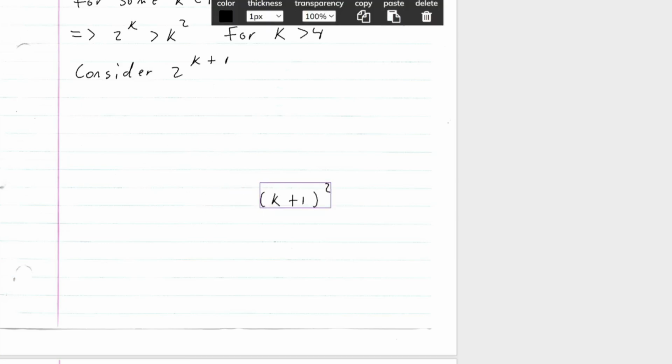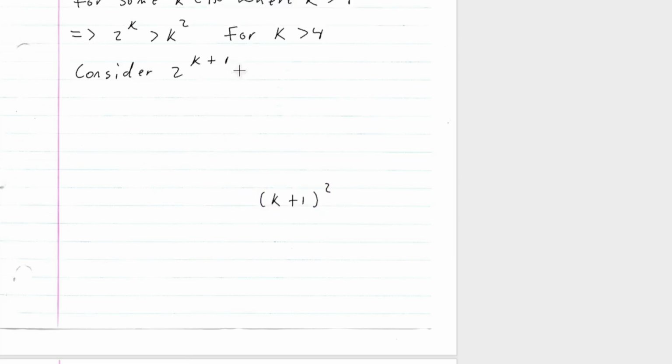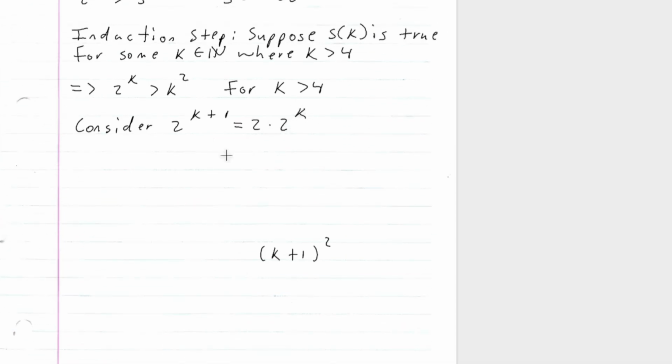All right, so we know 2 to the k plus 1 is the same thing as 2 times 2 to the k, and from our induction hypothesis, I know that 2 to the k is bigger than k squared. So this is bigger than 2 times k squared, so now I have 2k squared.